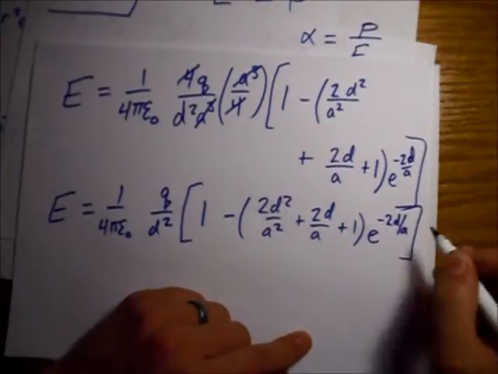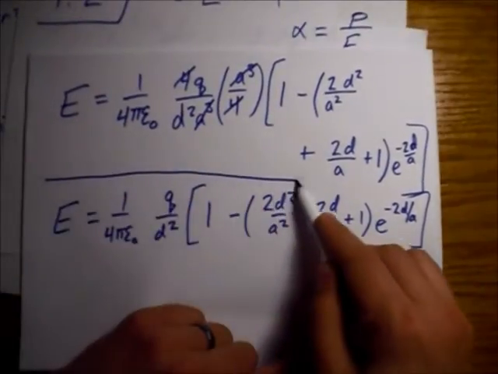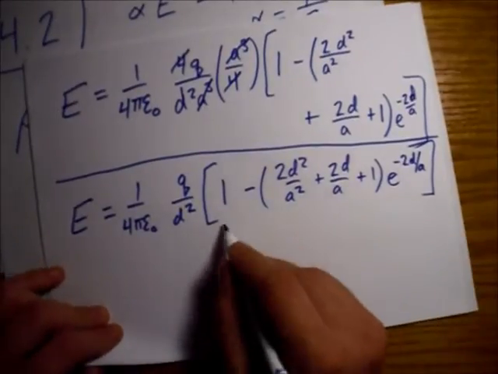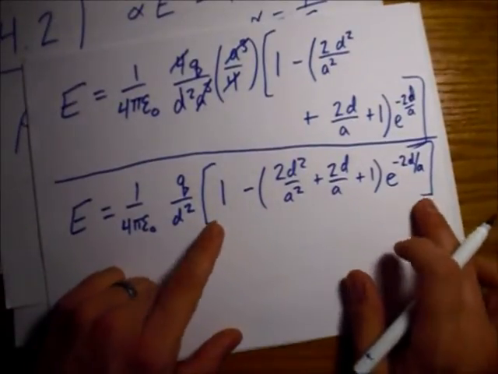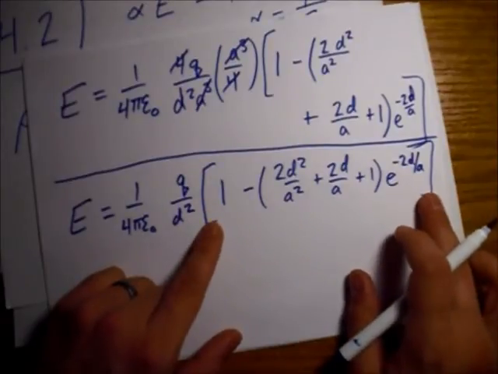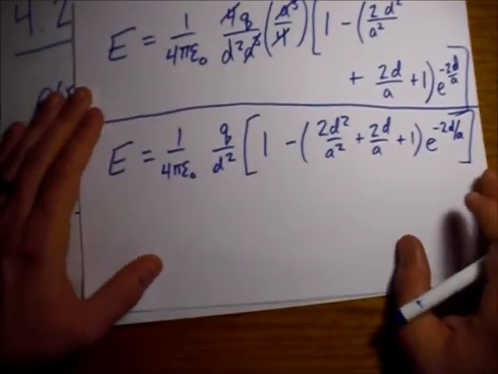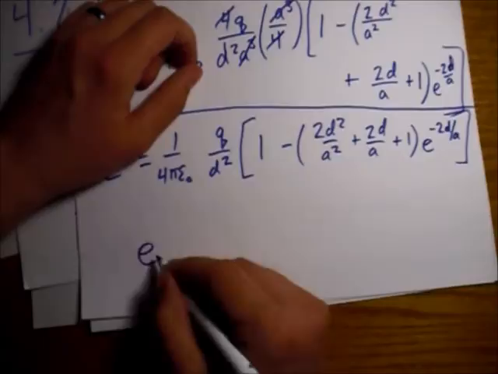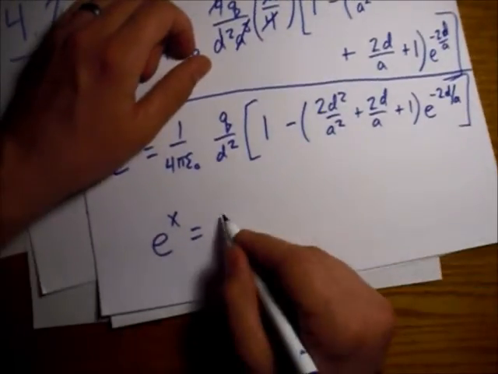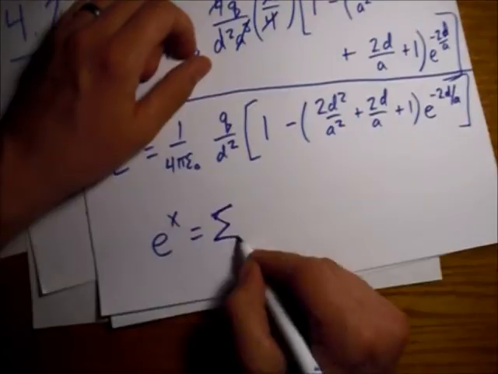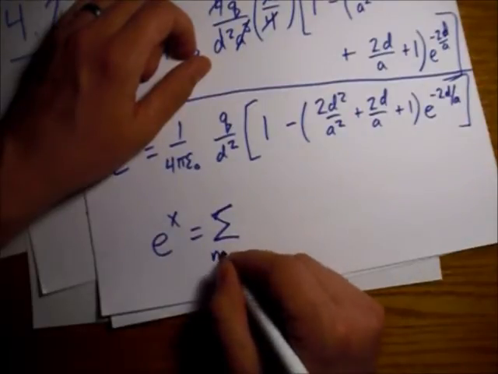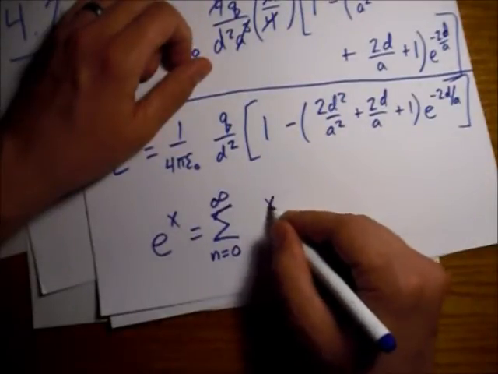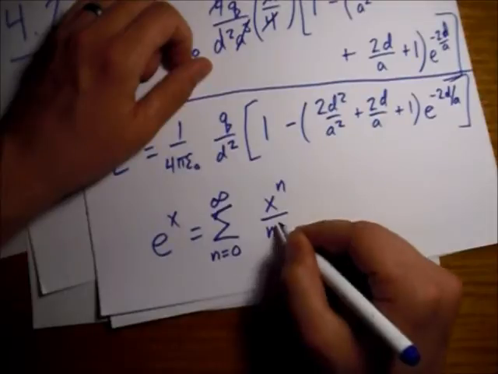All right, let's draw a line here to keep these separate. What we're going to focus on now is only the piece inside these brackets. Let's go ahead and look at the infinite series expansion of e to the x. This can be written as a sum over n from 0 to infinity of x to the n over n factorial.